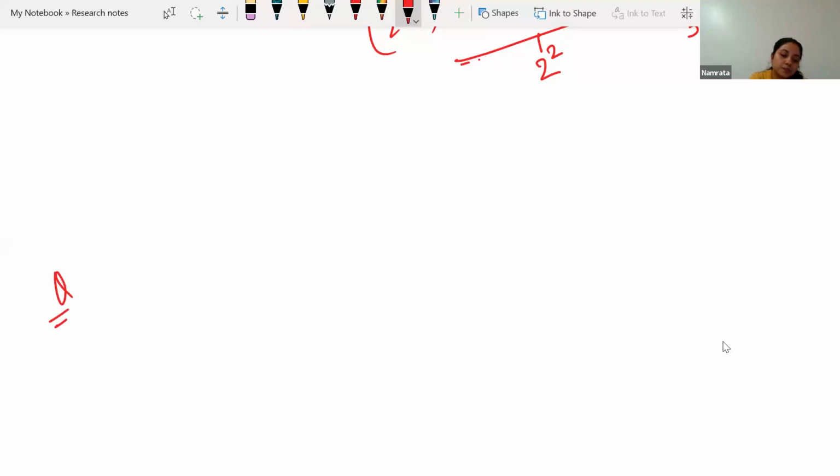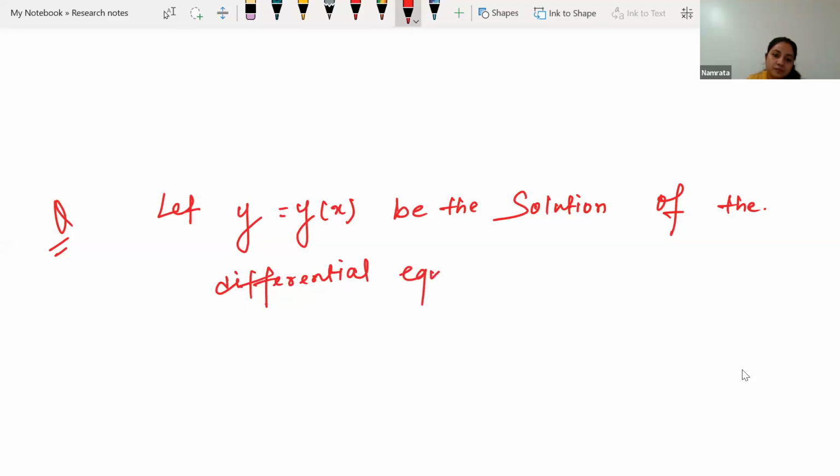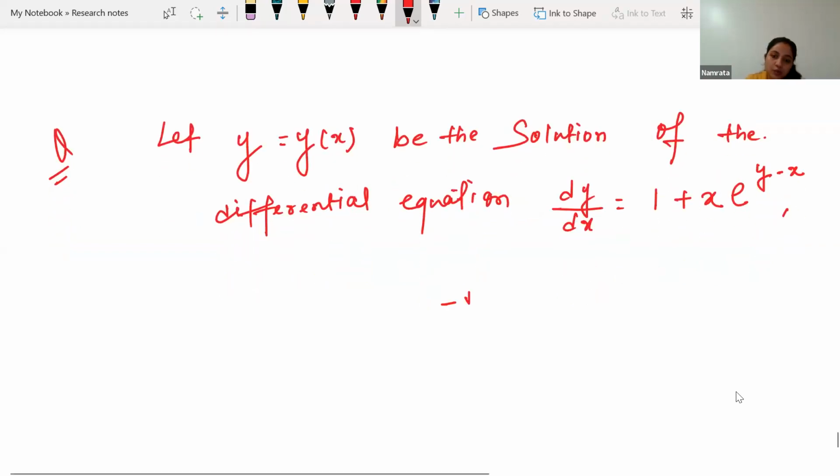One of the questions is like this. Let y(x) be the solution of the differential equation dy by dx is equal to 1 plus x e to the power y minus x, where x is lying in between negative root 2 to positive root 2.